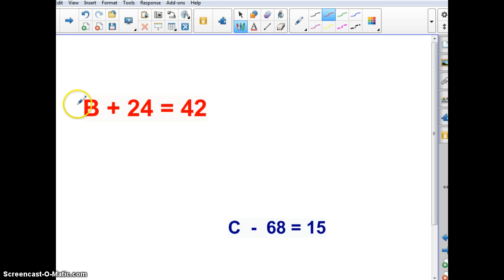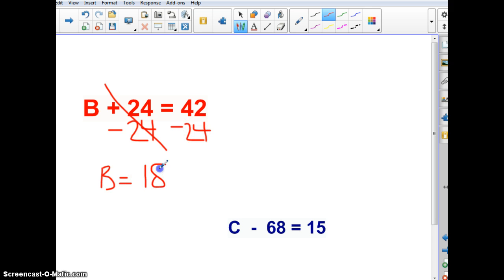Let's solve for b. We want b by itself, so we're going to do the opposite. What I do to that side, I have to do to this side. This has now canceled itself out, so I have b all by itself, and that equals, I'm going to do this in my head, 18, mental math.